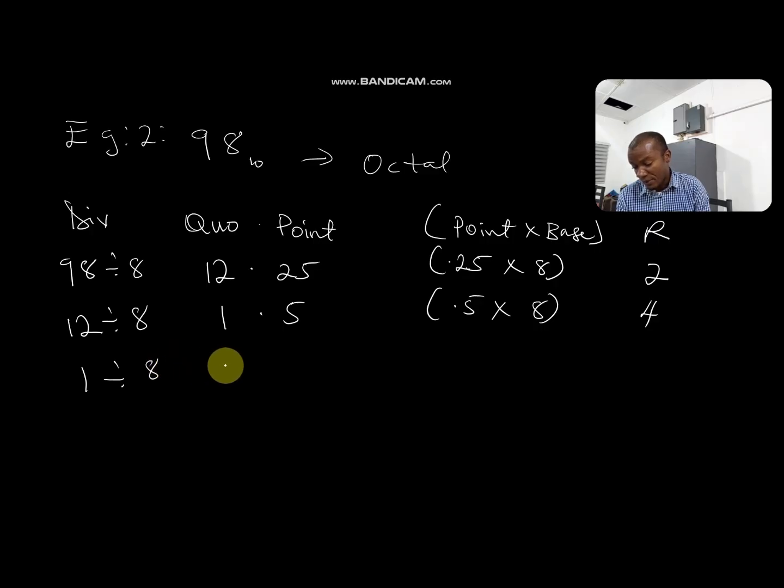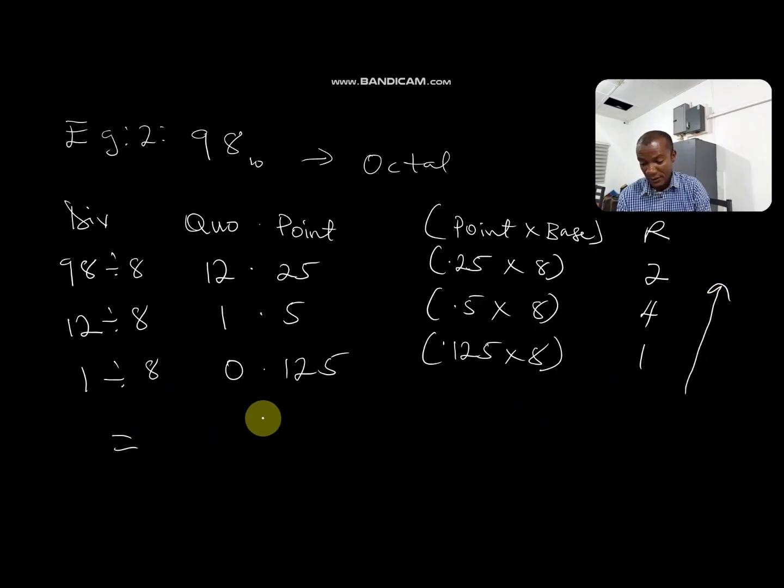So 1 divided by 8 will give me 0.125. To get the r, 0.125 times 8 will give me 1. And so I read my answer upwards. So my answer is 142 base 8.